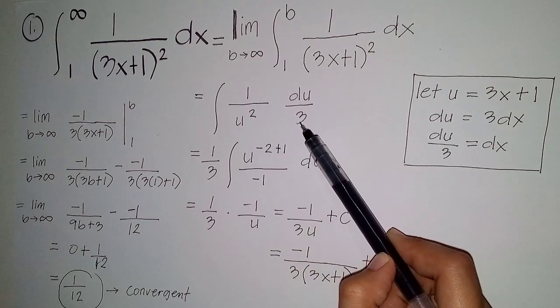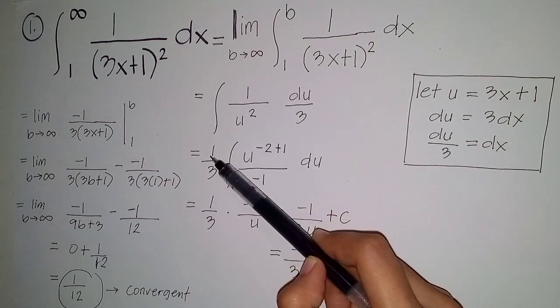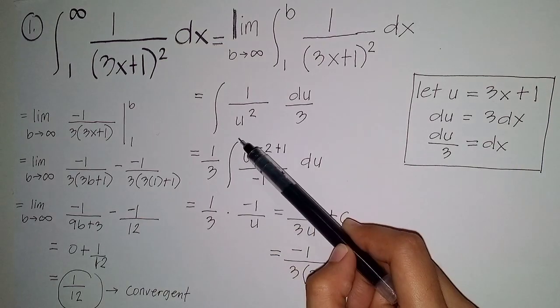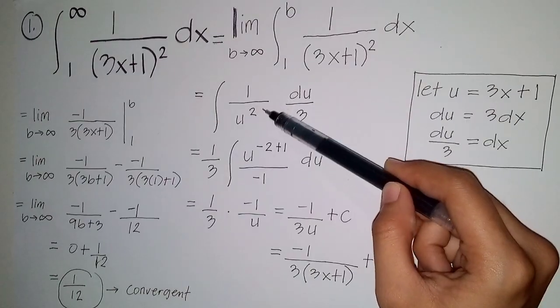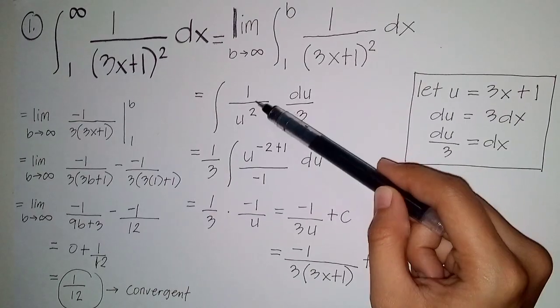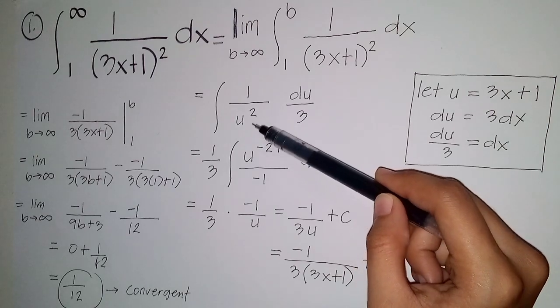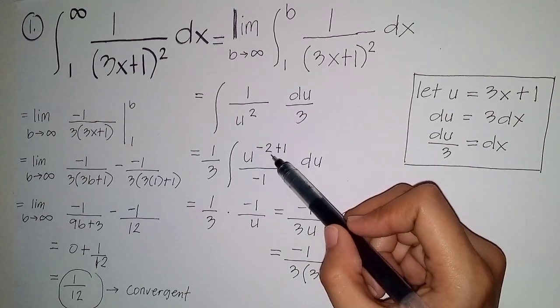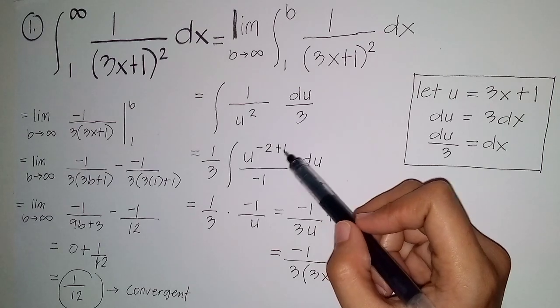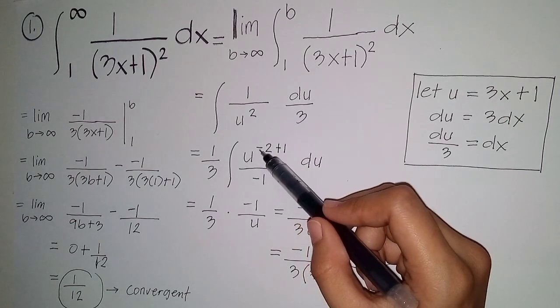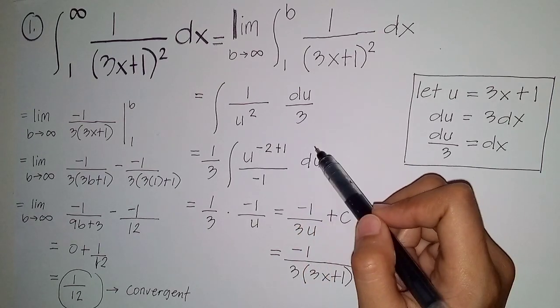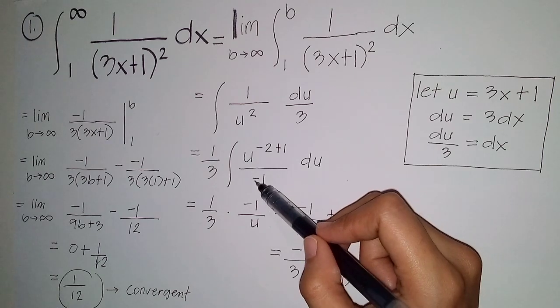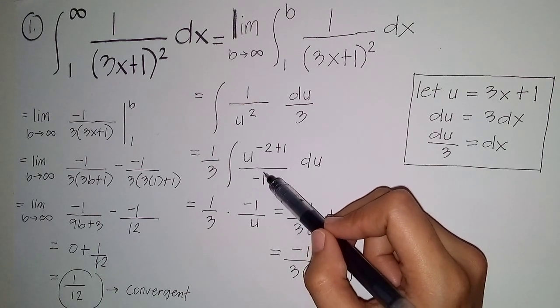And then let us move 3 in front, and then it gives us 1/3. The integral of 1 over u squared is u raised to the power of -2, right? Using the power rule, we're going to add 1. So u raised to the power of -2 plus 1 is -1, divided by the same as our new exponent, so it gives us -1.